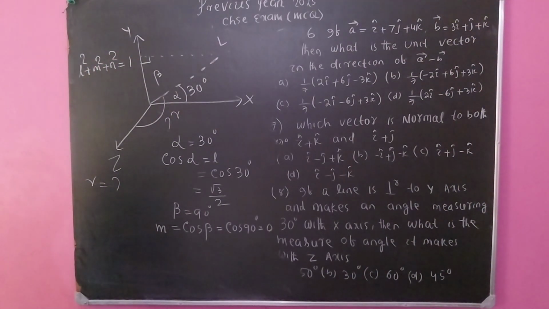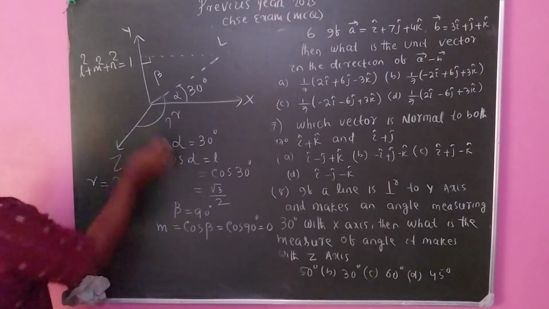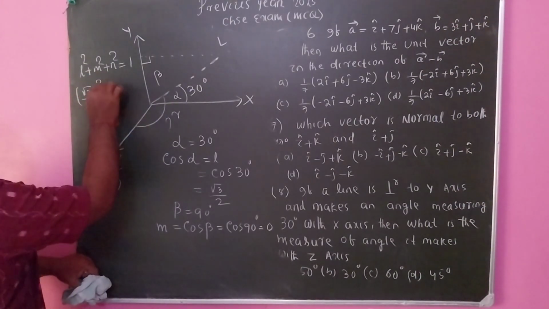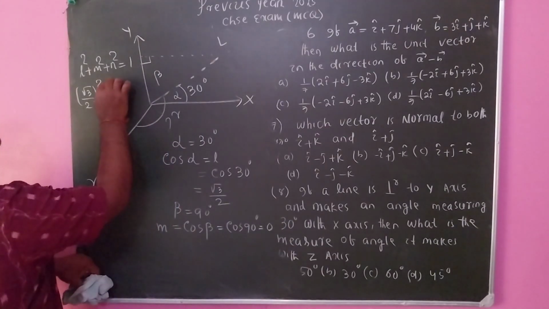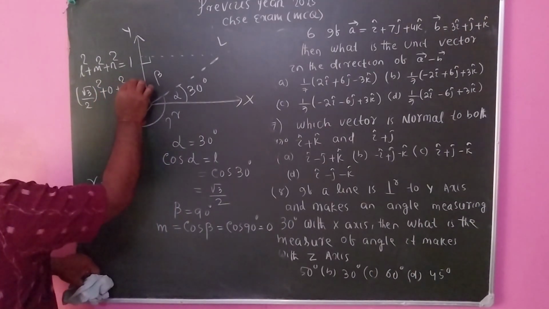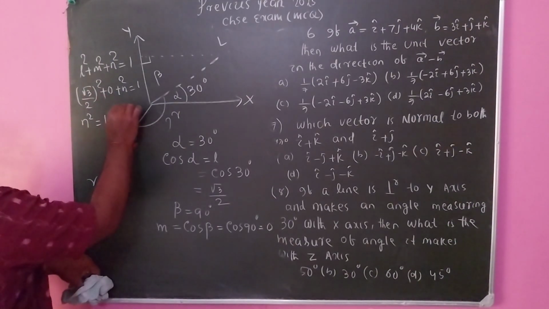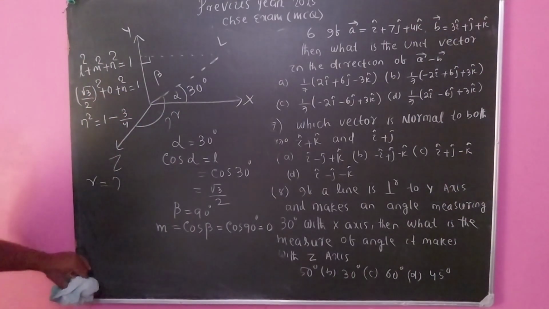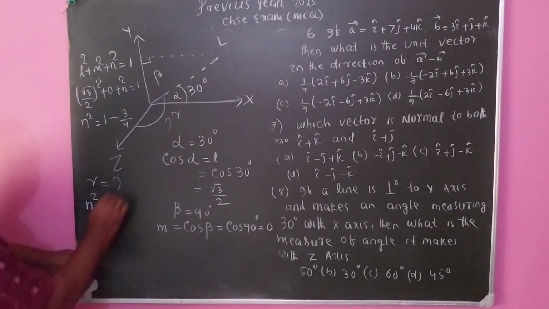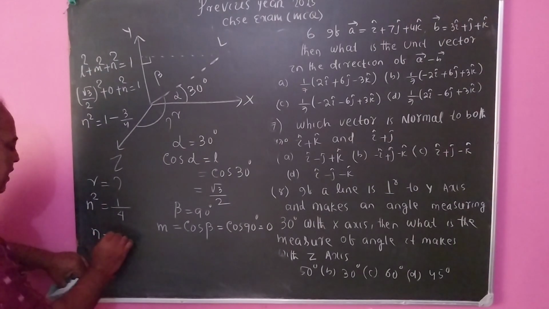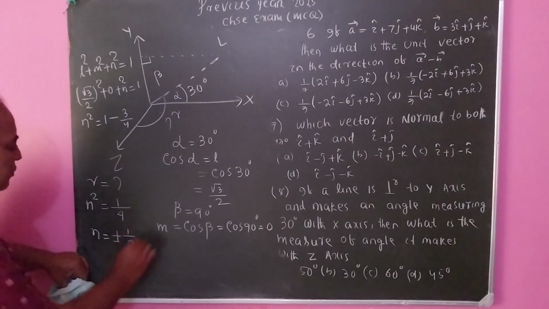So l is root 3 by 2, root 3 by 2 whole square, m is 0, and n square is equal to 1 minus 3 by 4. So n square is equal to 4 minus 3, that is 1 by 4. So n is equal to plus minus 1 by 2.